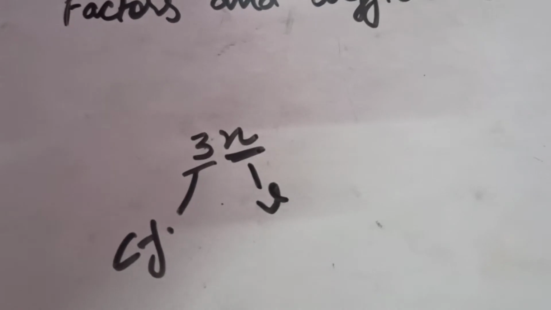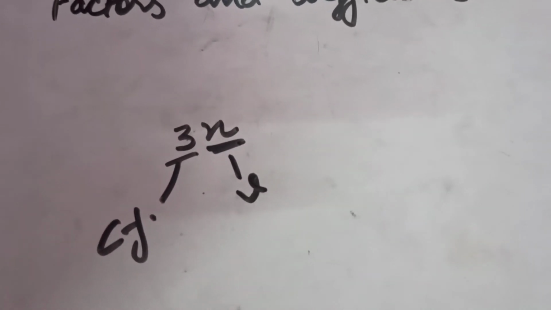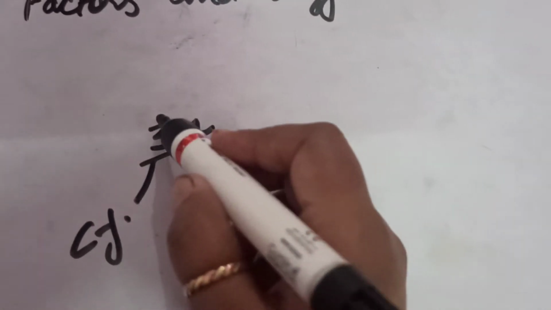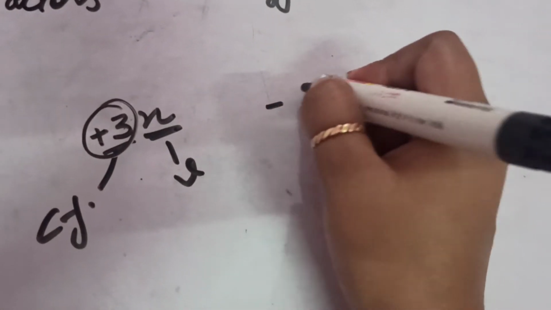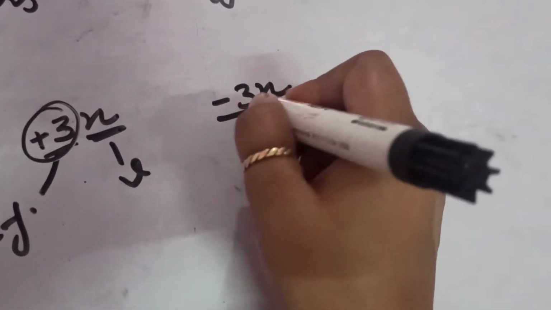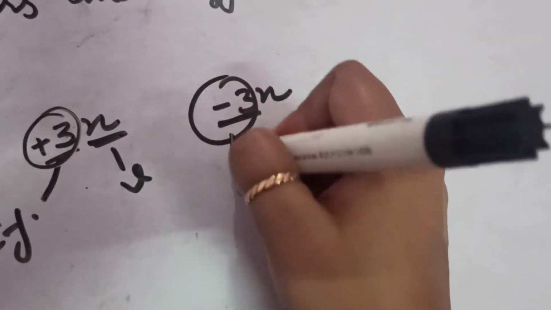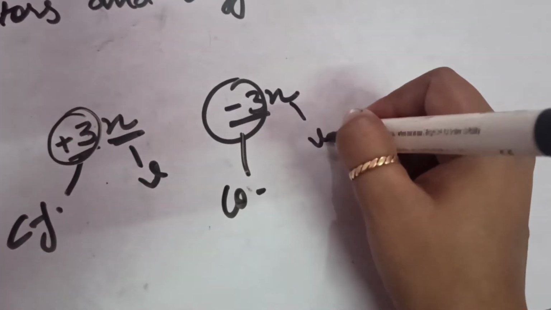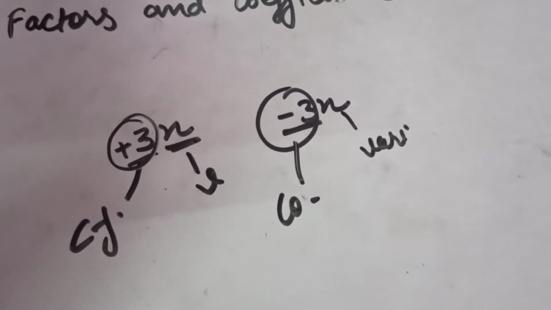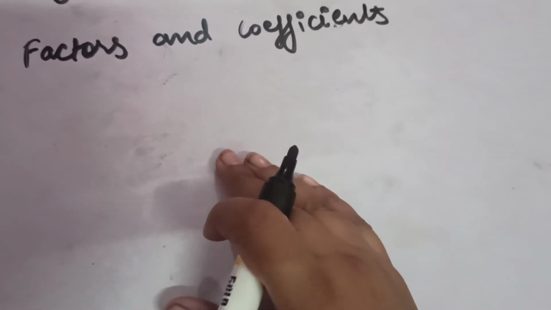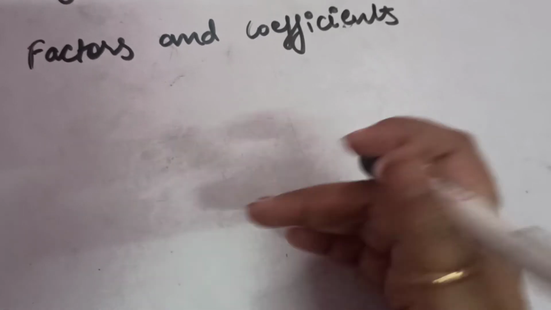So, in any term of an expression, the numerical factor along with the sign, means here no sign, it means this is plus. If it is like this, then this complete minus 3 is the coefficient. Clear? And this x is the variable. Now the next is factors. What is a factor? Factors are terms that divide the expression completely.